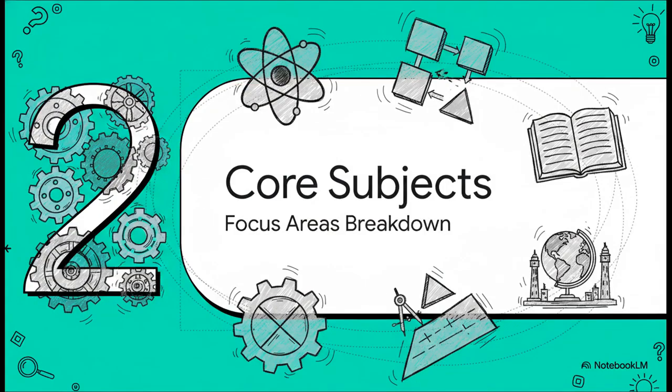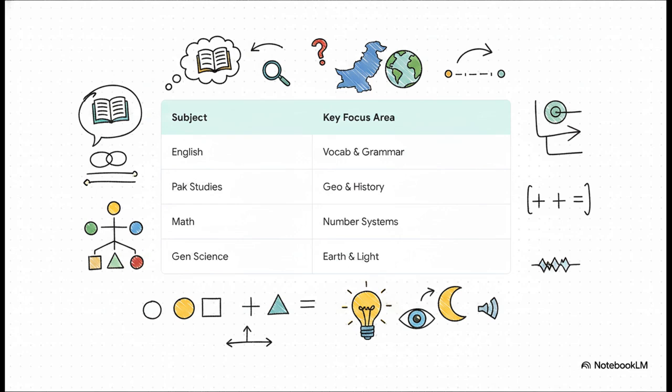Moving right along to Section 2, our core subject breakdown. Let's look at how this builds your foundational knowledge across the 4 core academic subjects, which, by the way, make up 80% of your total score. Categorizing your study sessions is an absolute game changer here. For English, the source material explicitly targets vocabulary usage, affixes, homophones, and core grammar.